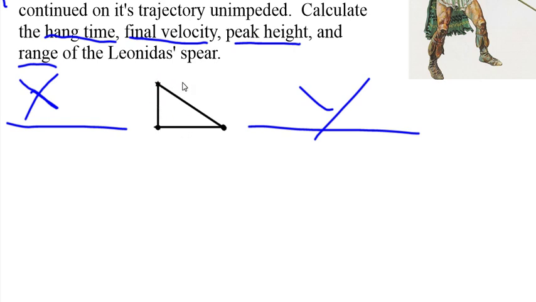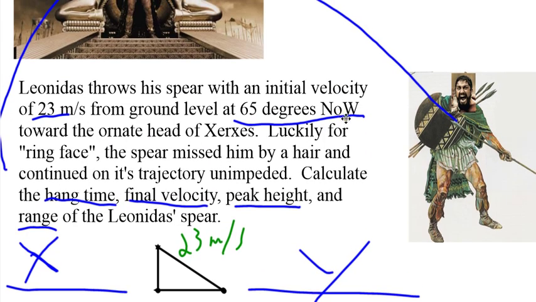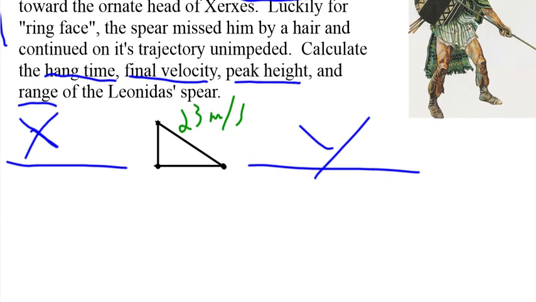We know that this value for the non-perpendicular is 23 meters per second. And we are measuring from west going north by 65 degrees. So this is the angle we have here, 65 degrees.